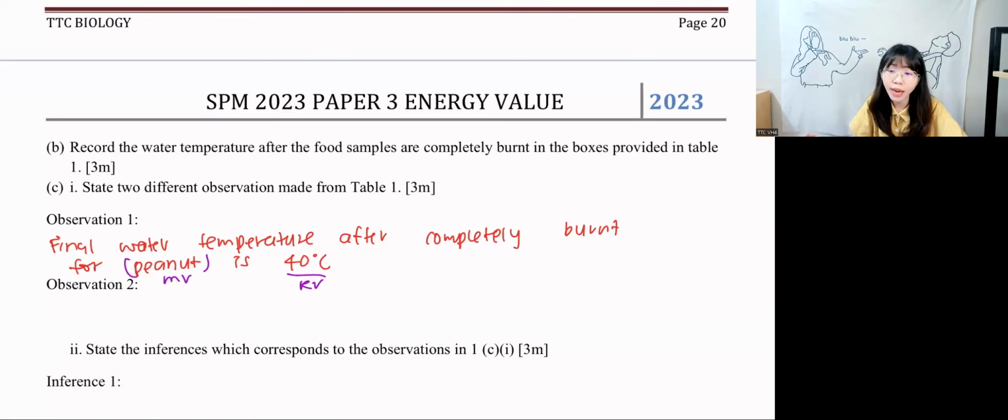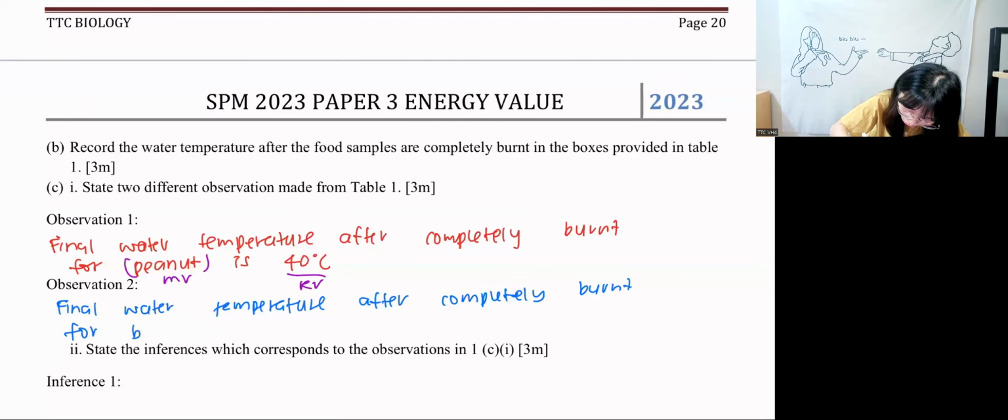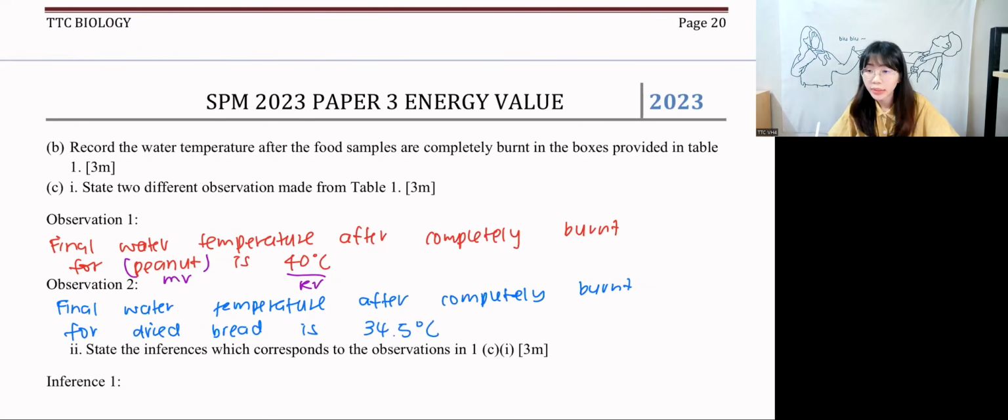So you continue with your observation 2. You change your MV and RV only. You're going to write: final water temperature after completely burned for dry bread is 34.5 degrees Celsius.